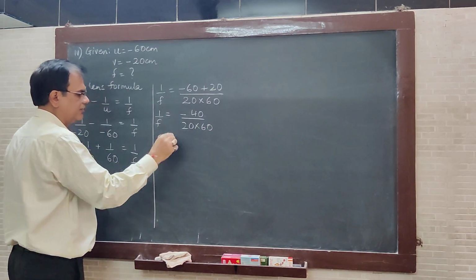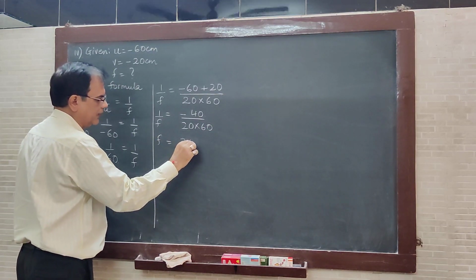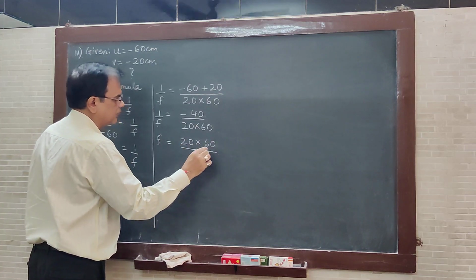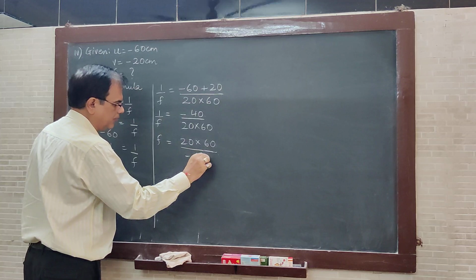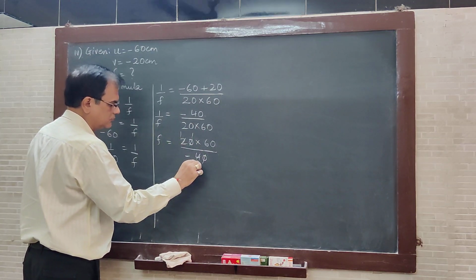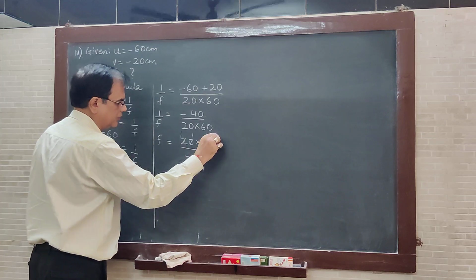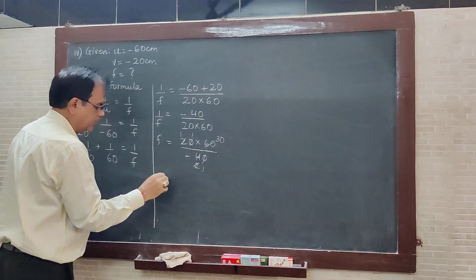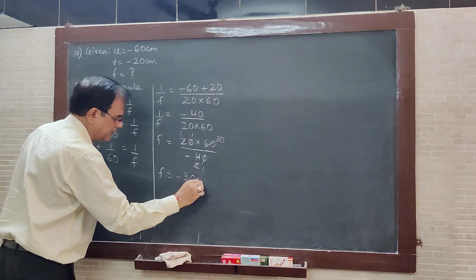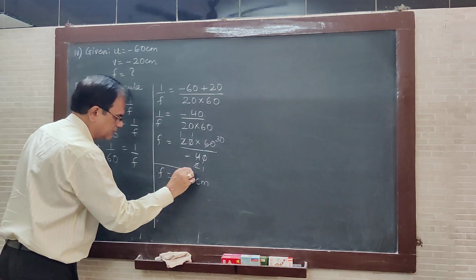So invert this, f is equal to 20 into 60 upon minus 40. So f is equal to minus 30 centimeters.